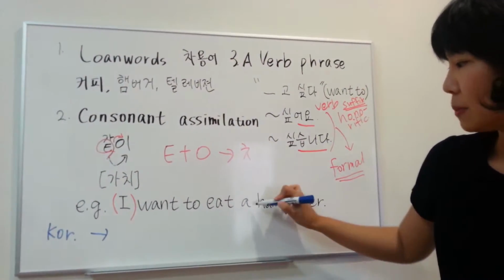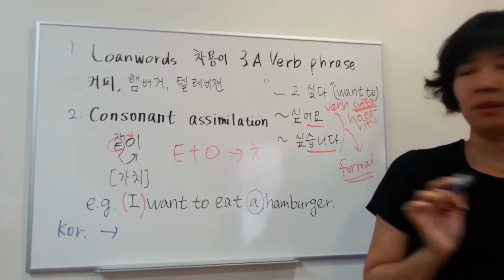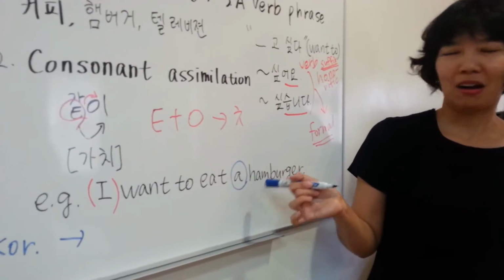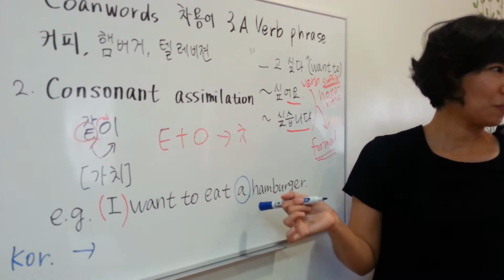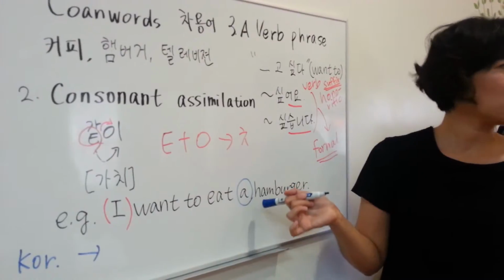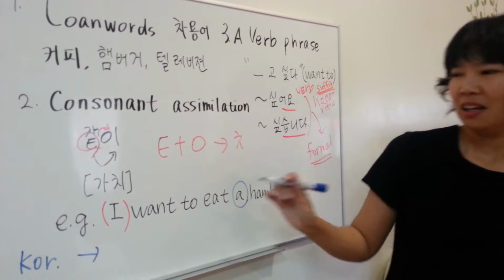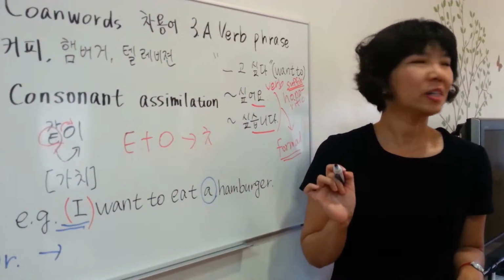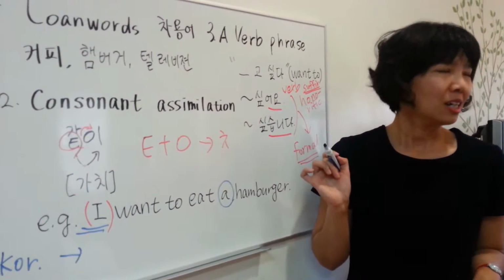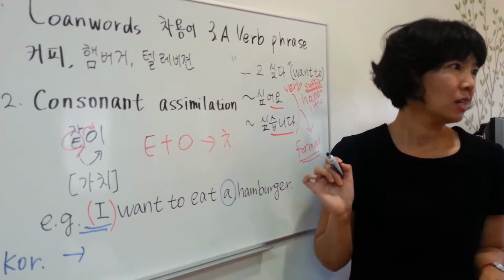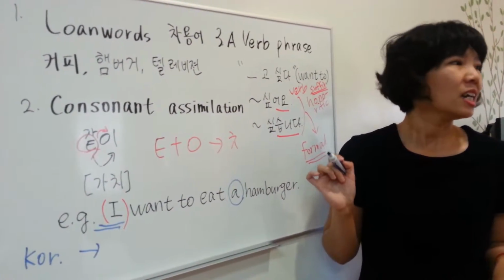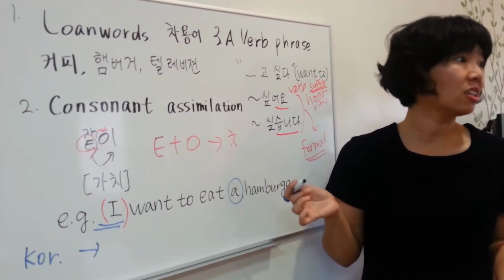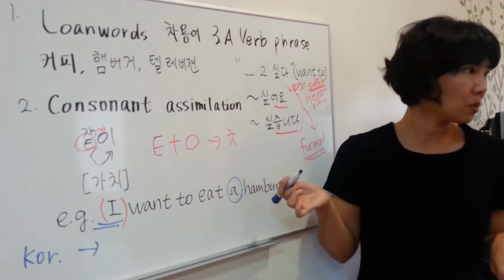That's because, please look at this circle, which is an English article, A. In the Korean language, we don't have an article. And this pronoun I, in Korean we sometimes actually drop the pronoun. So it's a correct sentence if you say, want to eat a hamburger, instead of saying, I want to eat a hamburger.